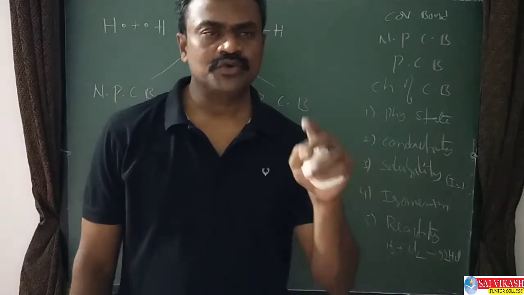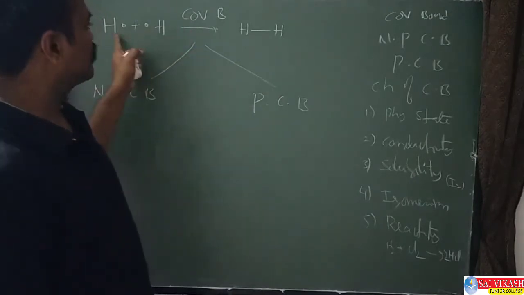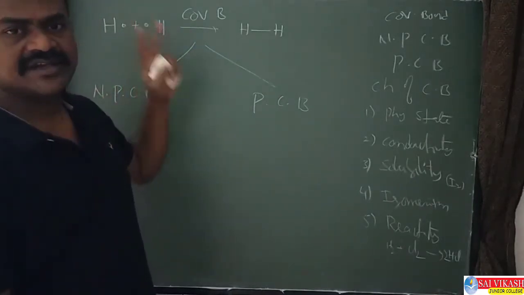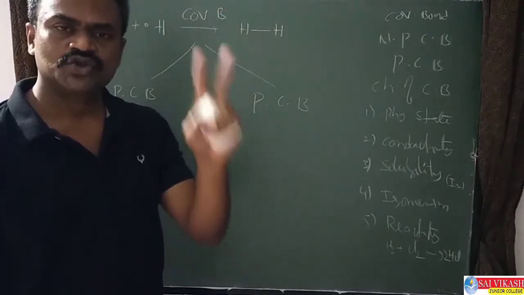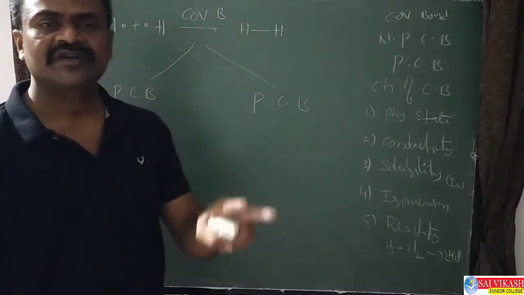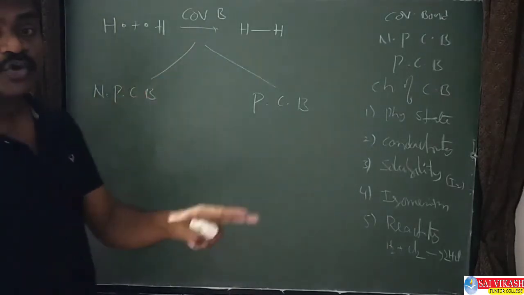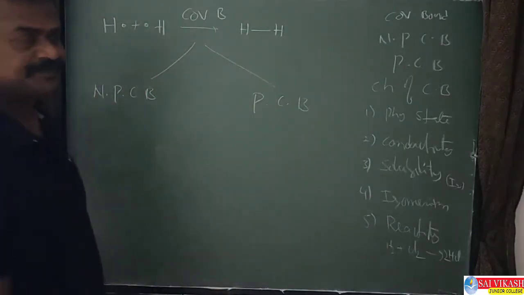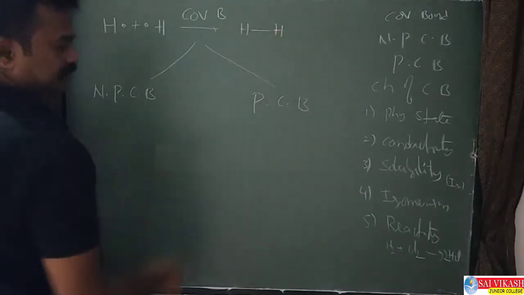If mutual sharing of electrons takes place between two similar atoms, meaning two similar electronegativity atoms, it causes the formation of non-polar covalent bonds. Yes, this is a non-polar covalent bond.